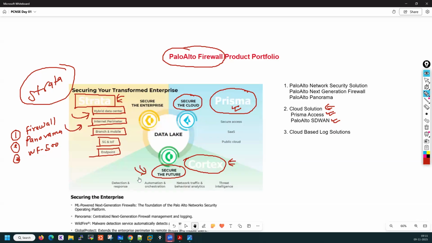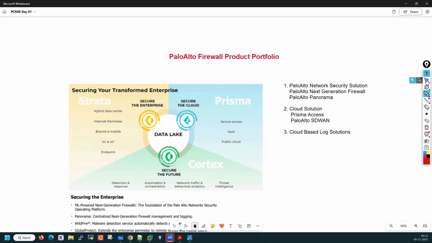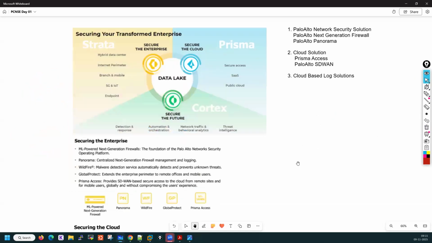Have you heard the name of Palo Alto Traps? It is a similar kind of solution. Detection and response, automation and orchestration, mobile network traffic and behavior analysis, and threat intelligence. All those things come under the Cortex portfolio. So those are the three types of product portfolio offered by Palo Alto.